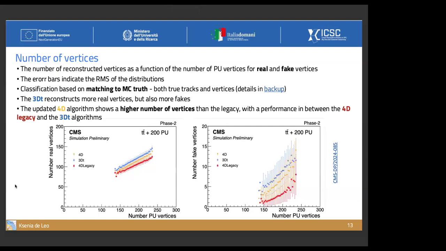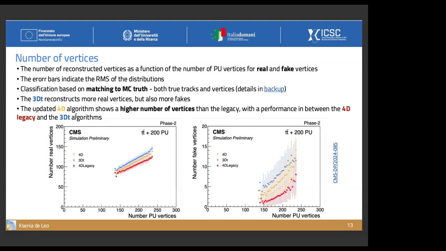We checked the number of reconstructed vertices as a function of the number of pileup vertices. And we show it here for real vertices and fake vertices. And the real or fake categorization is based on the matching that we perform to the MC truth. And this matching is based both on the true particles and on the true vertices.